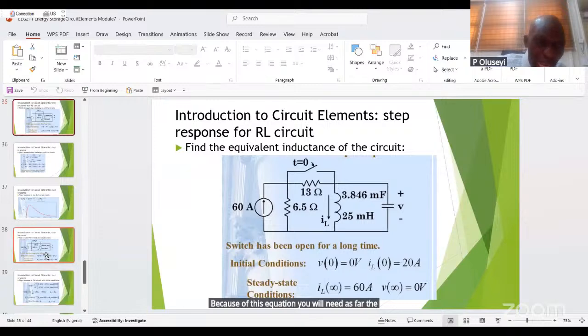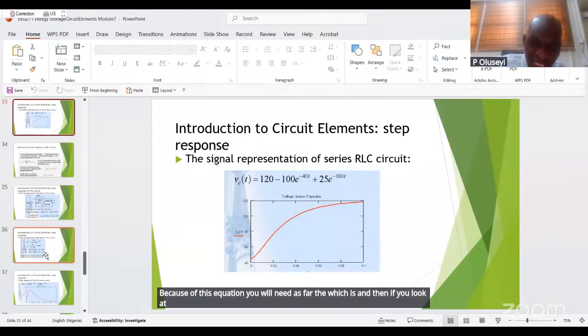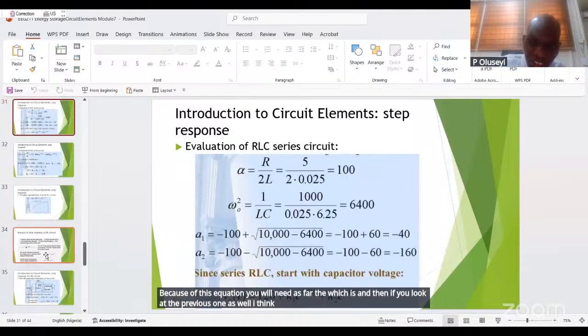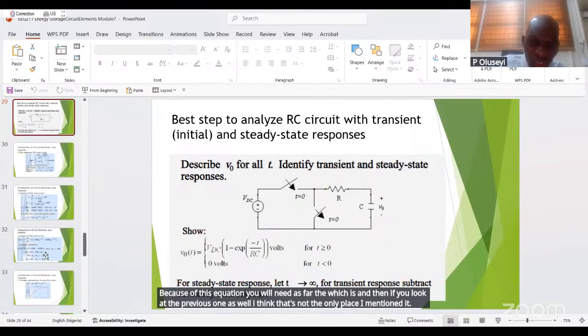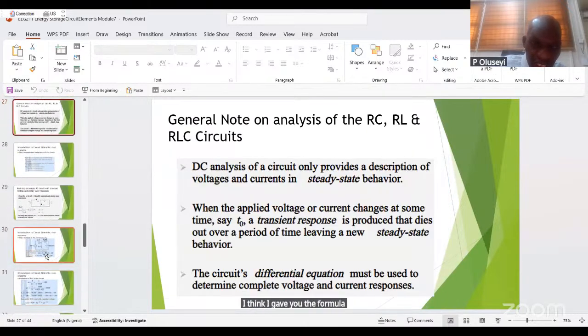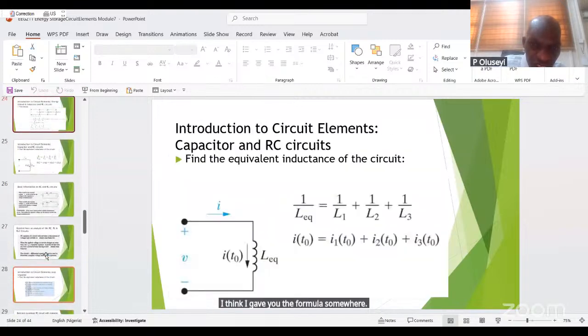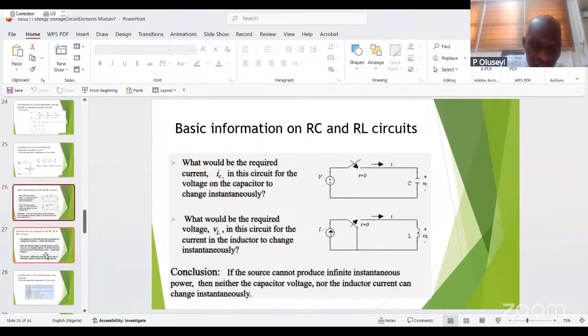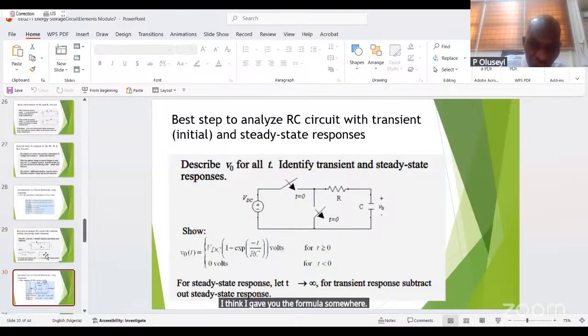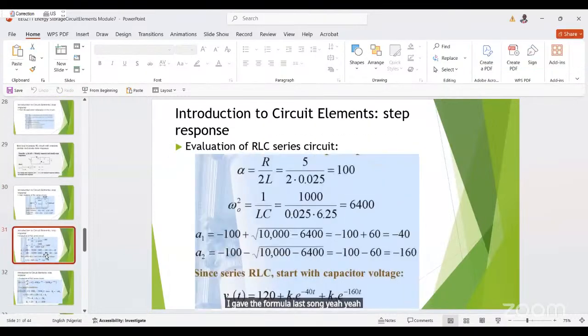If you look at the previous one as well, I think I gave you the formula somewhere here. R over 2L.